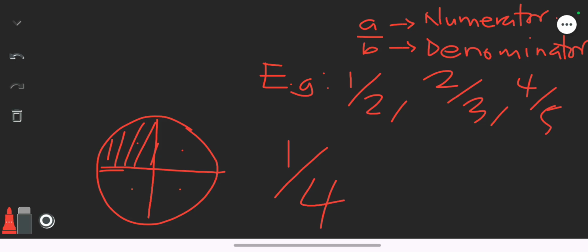So this is a simple example of what a fraction is.